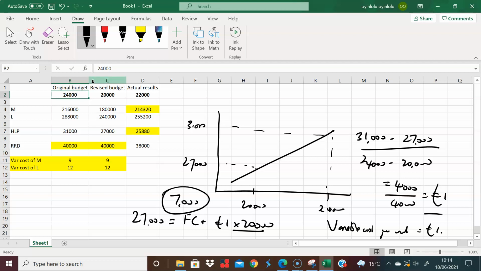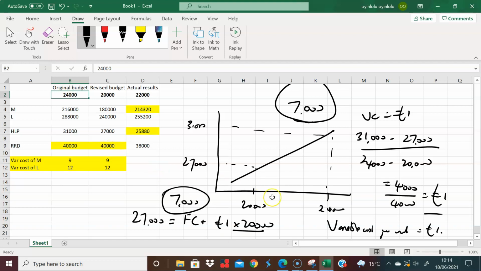You can test that, but I'm going to trust that. So that's my fixed cost. The question is asking for the fixed and the unit variable cost. So the fixed cost is 7,000, and the variable cost is a pound. So those are the numerical questions that you will see. This is a classic question. It's not a bad question. You could be asked to play around with that.